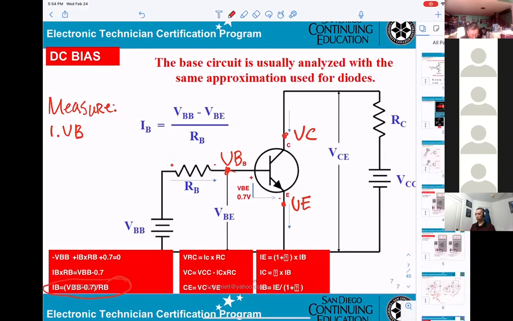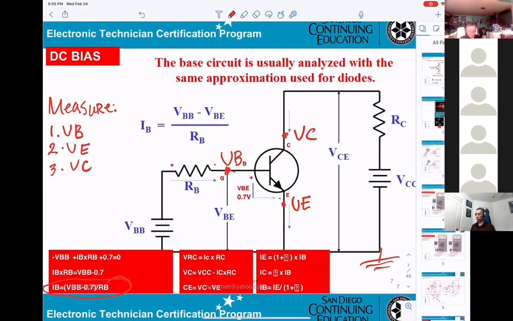VB number 2, VE number 3, VC. That will be telling you they will be connected high side of the meter to B and low side will be to the ground. Same thing.